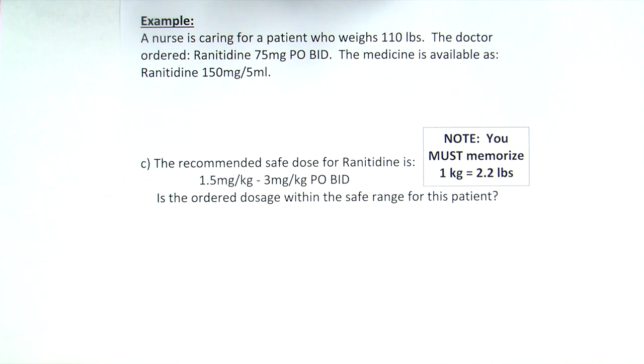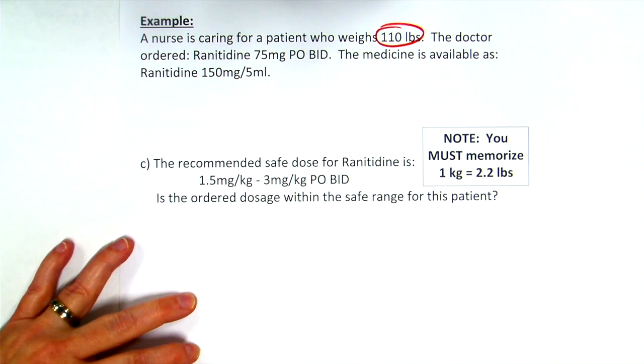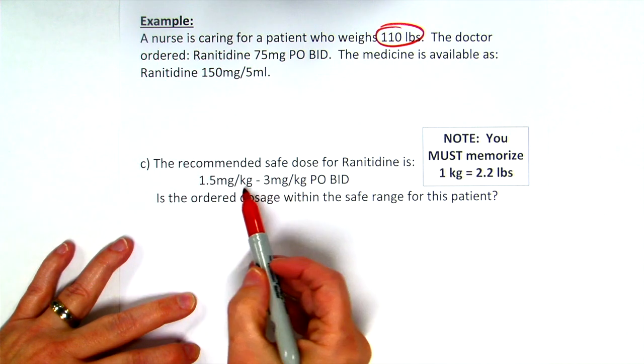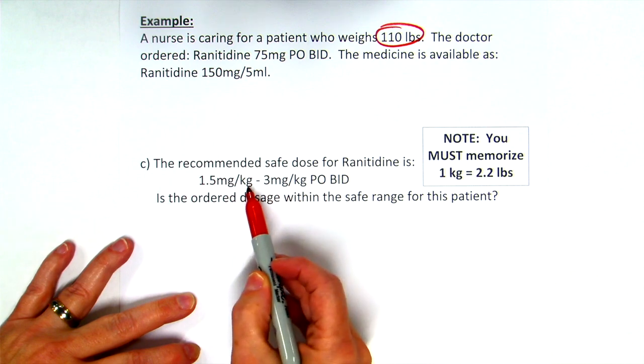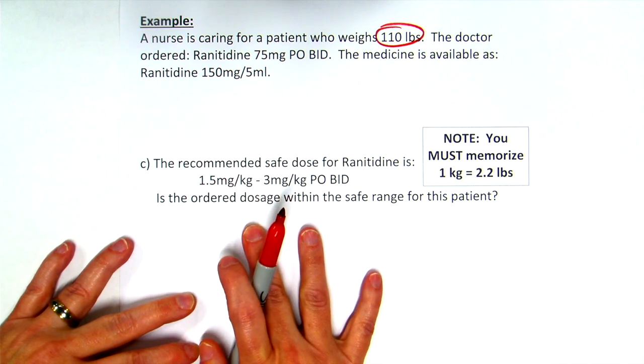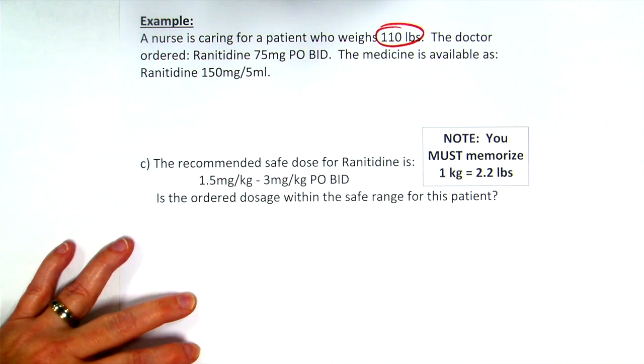Now, we're going to look at what they gave us for the patient's weight. It's 110 pounds. The recommended safe dose is in kilograms, so before I can figure out whether or not it is a safe dose, I'm going to have to convert that 110 pounds to kilograms.